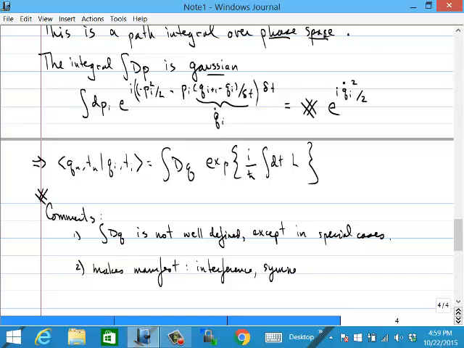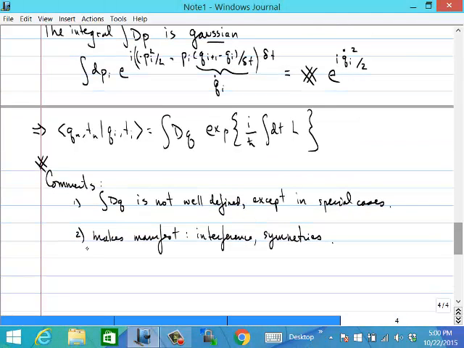So, for example, the role of conserved quantities and symmetries in quantum field theory is very easy to understand from the path integral formulation, and it can be a little tricky to understand in other formulations of quantum field theory. And of course, for our interest, it's quite useful in perturbation theory.